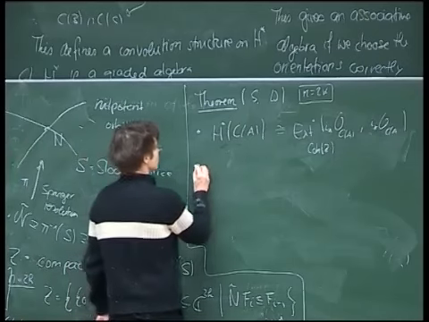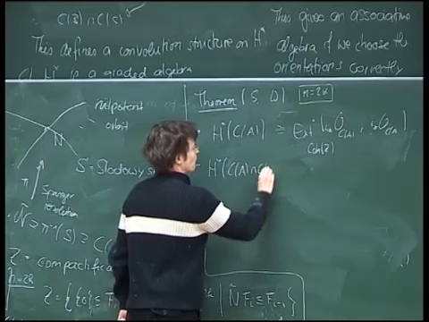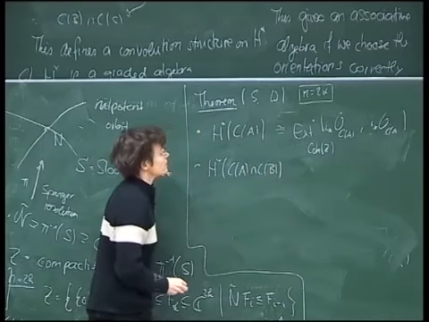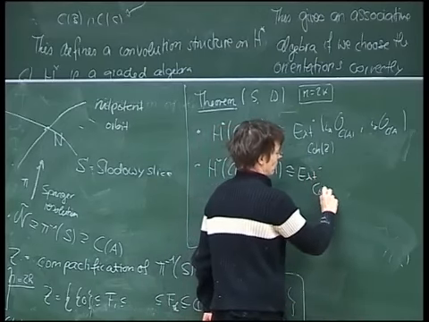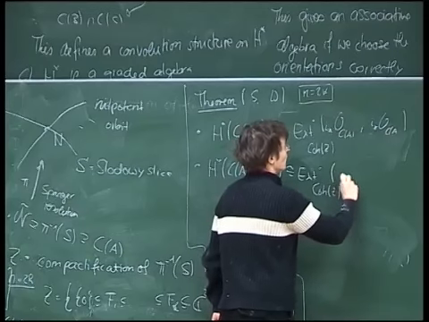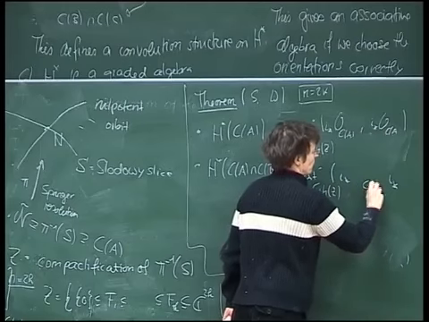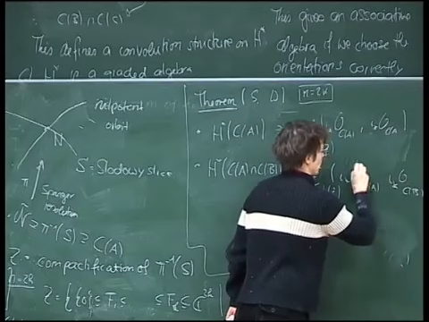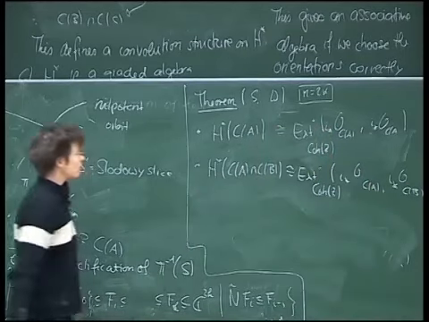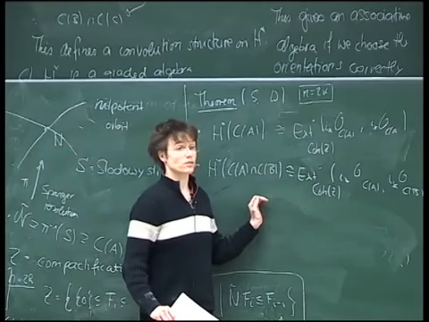So, and then of course what you would expect is that the same thing holds for pairwise intersections. Like this, but this turns out is not true. There's not even the dimension is correct.